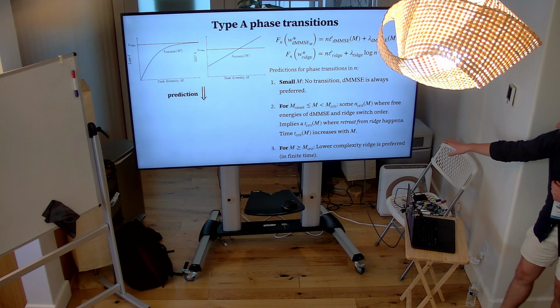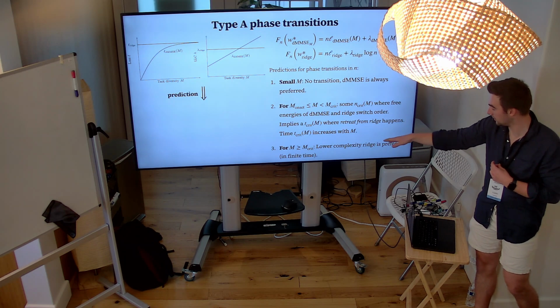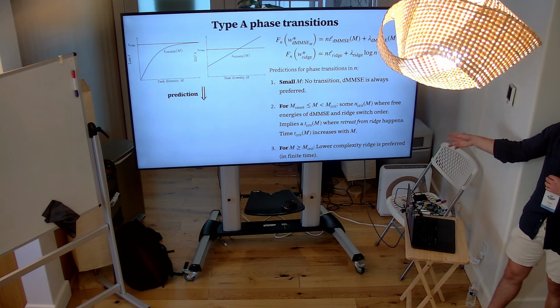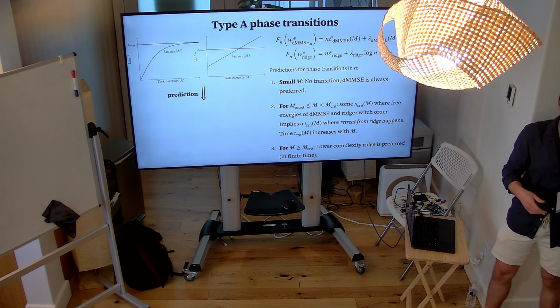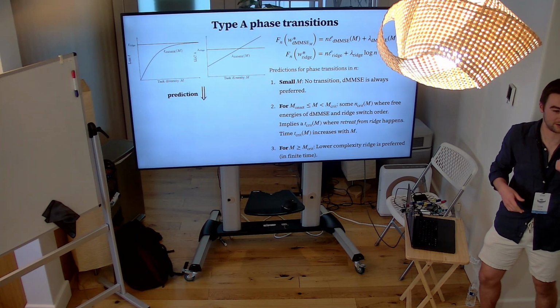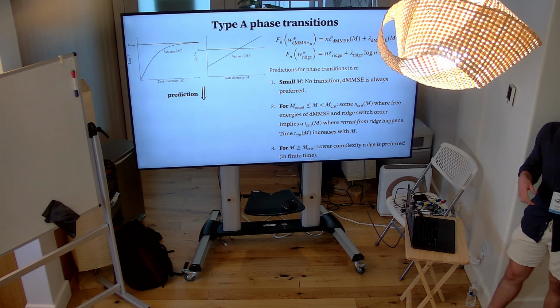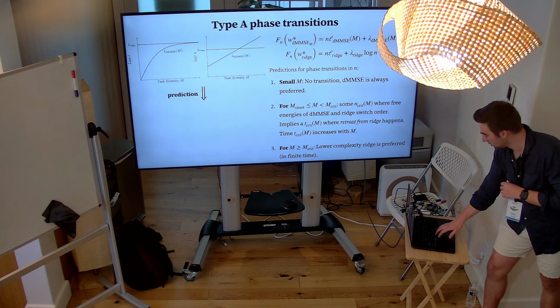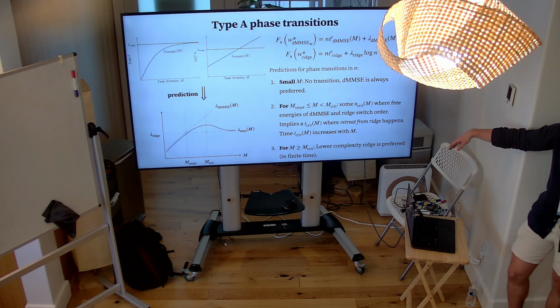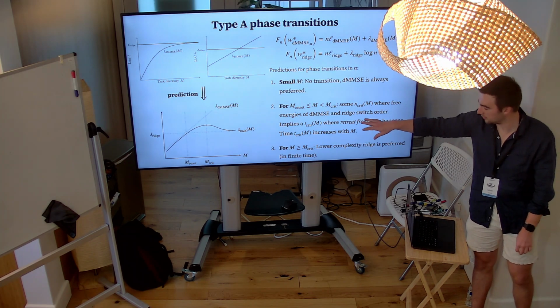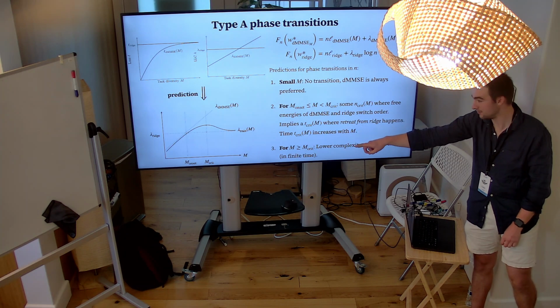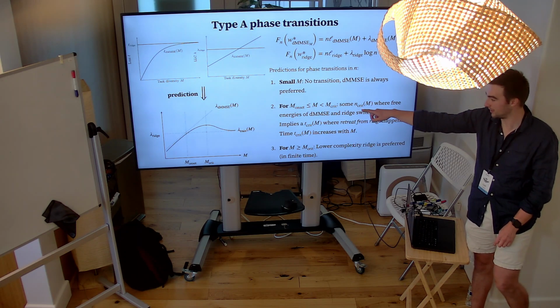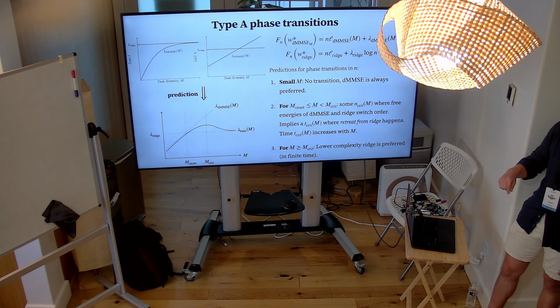And then past some critical value of m, we would expect that the lower complexity ridge is going to be preferred, at least insofar as we only have a finite training time that we can evaluate on. So, using all of these predictions, we could guess that perhaps the learning coefficient at the end of training is going to look like that solid curve there.